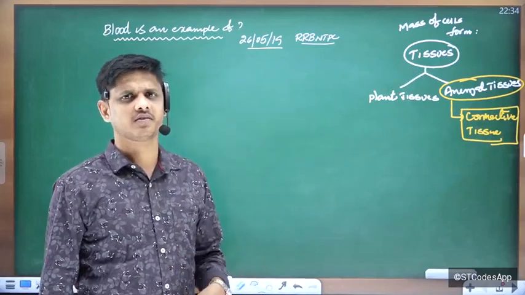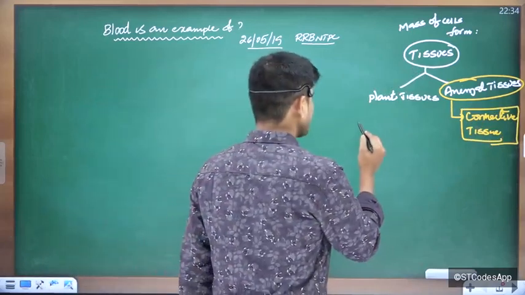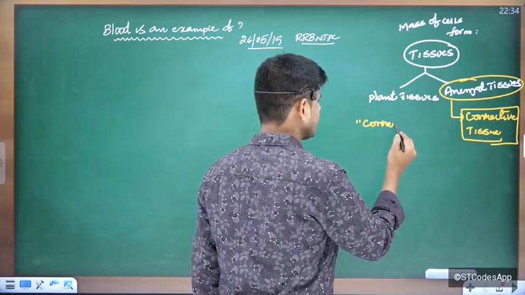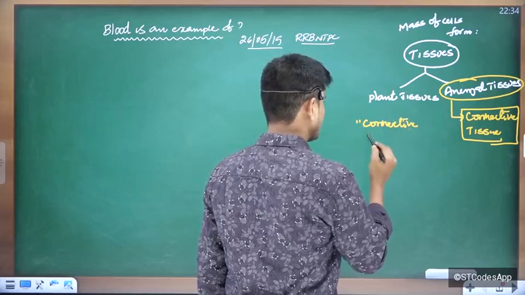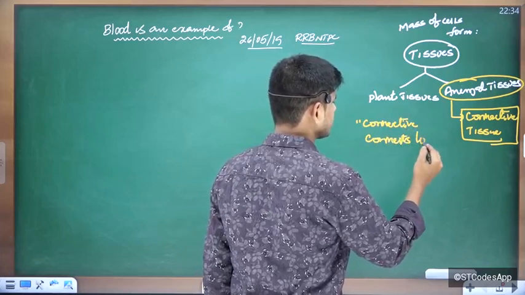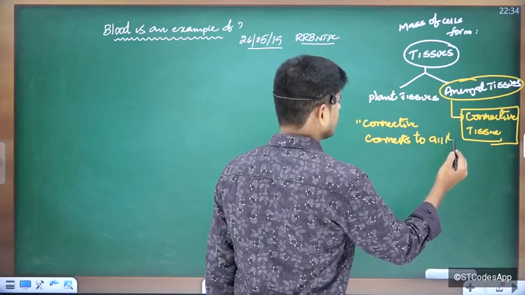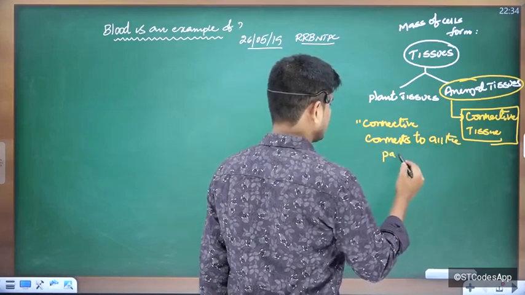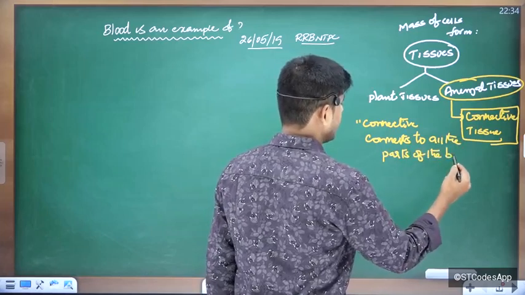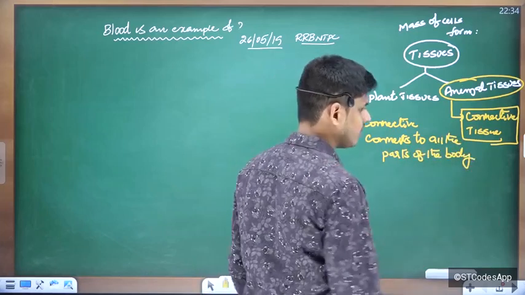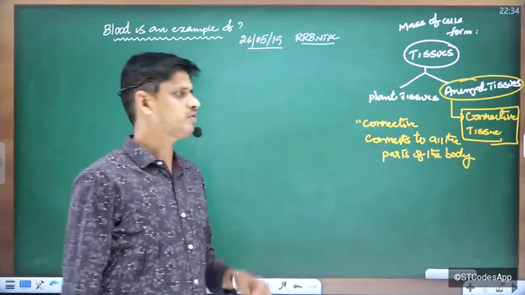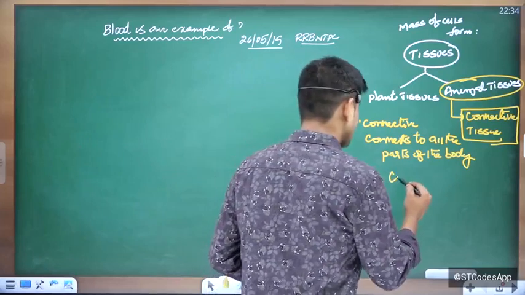Blood is also a type of connective tissue, because it connects all the parts of the body, and so it can be called connective tissue.